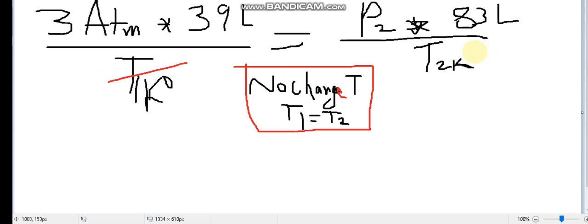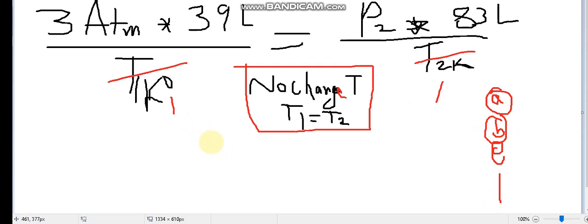That means this value is equal to this value, so I can remove them from the equation. Now we have two options: to use long multiplication, 3 by 39, then long division over 83, or use rounding up and rounding down, and believe me, the figures will be very near to the answers A, B, C, D and E.